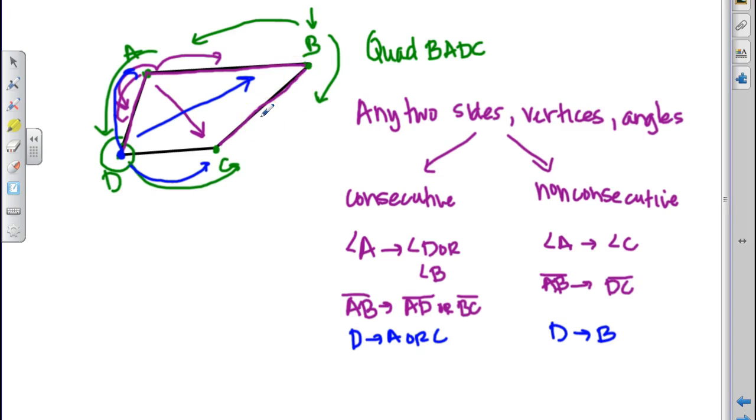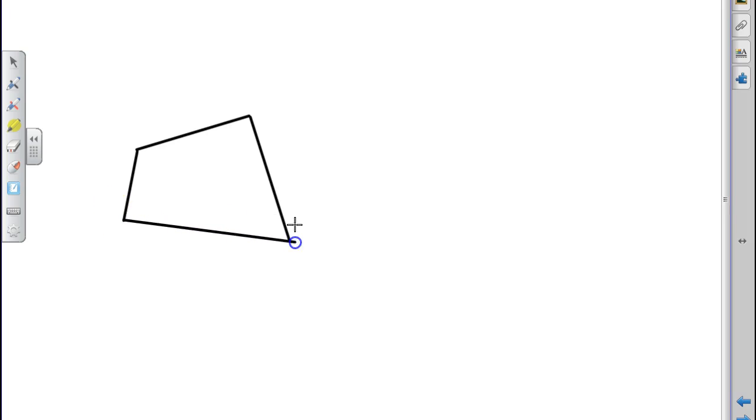All right, now that we've talked a little bit about diagonals, a diagonal is drawn from one vertex to its non-consecutive vertex. Let me get a new picture here. And you could draw any random quadrilateral that you want to.